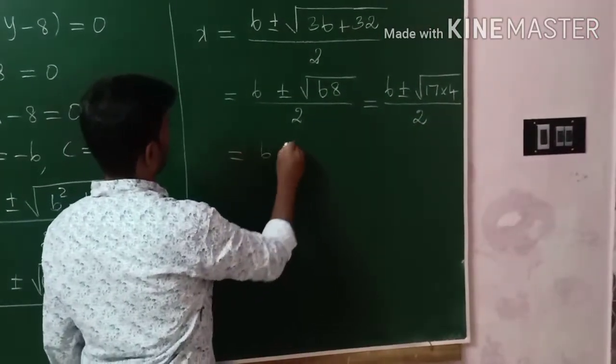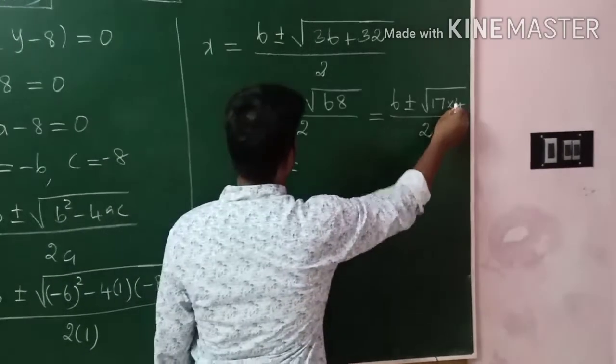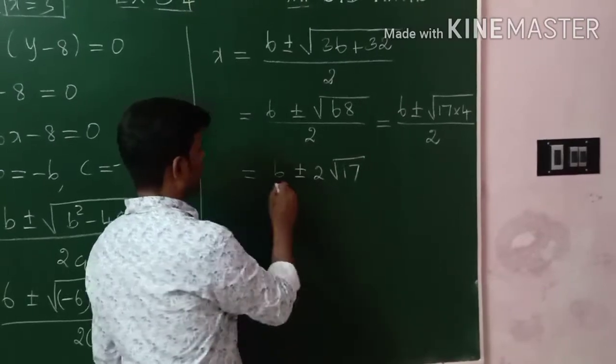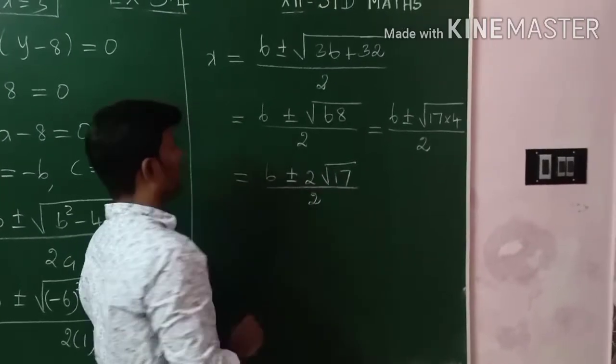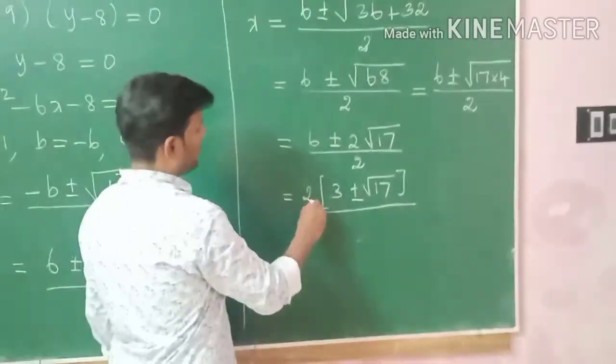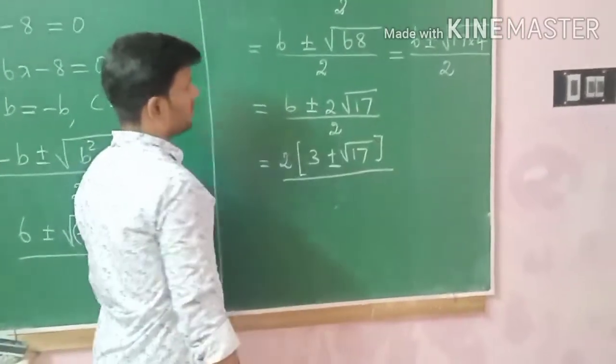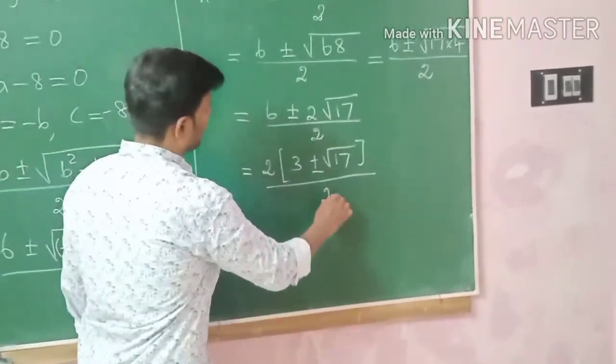So 6 plus or minus square root of 4 is what? 2, and square root of 17 only, so 2. Here I take 2 as common, so 2 into 3, 6, 2 into square root of 17, it is 2 square root of 17 by 2.